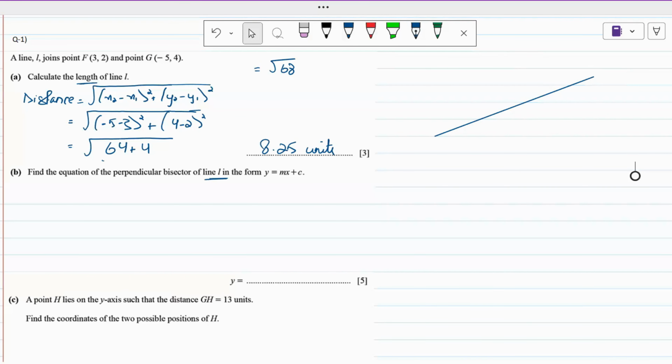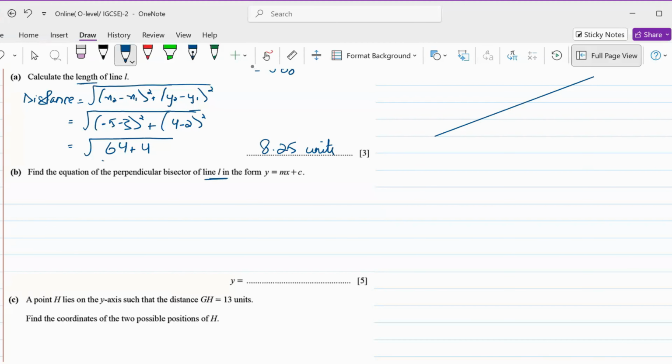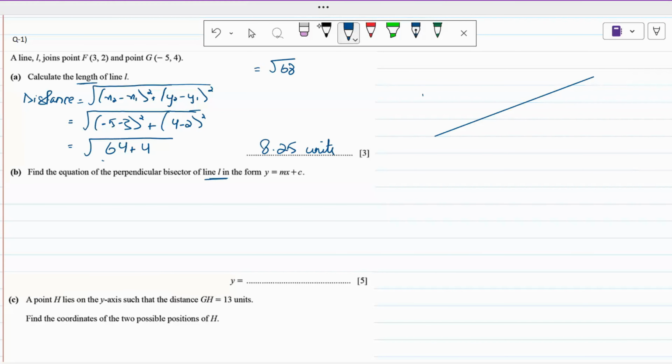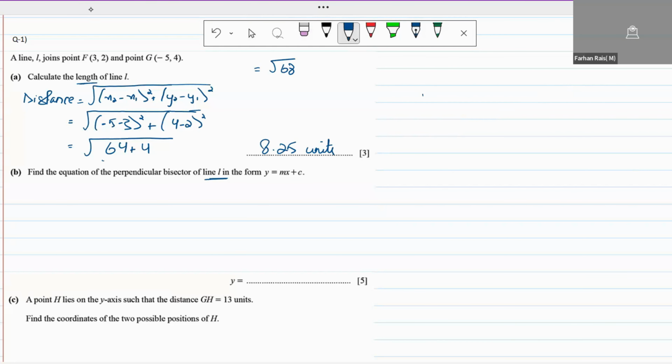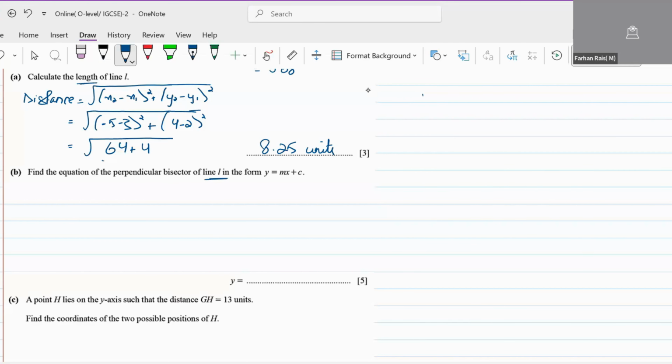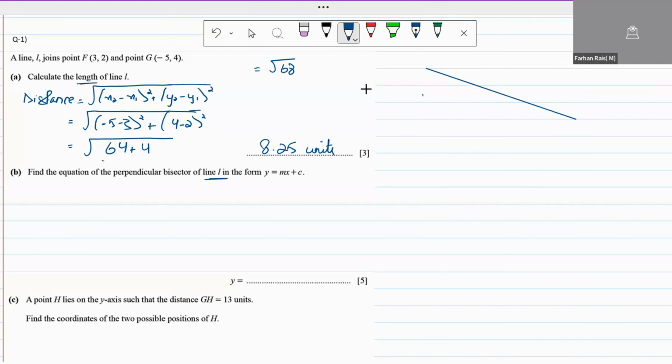So we have the point G as (-5, 4) and F as (3, 2).